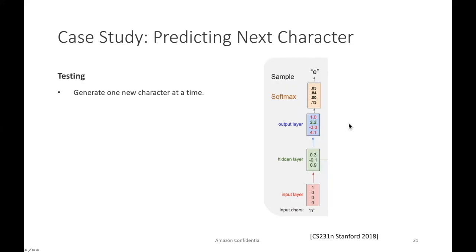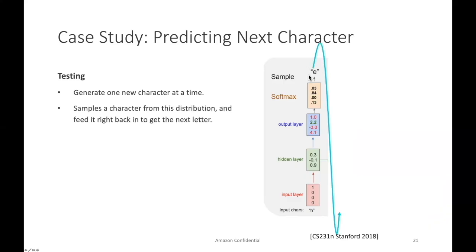So how do we test this? For testing, we start with the first letter, one letter, and then we try to get the next letter, right? Whatever the next letter is, we normalize it by doing a softmax distribution. We get the next letter, and then we feed the next letter into the RNN again, along with the hidden state from here.